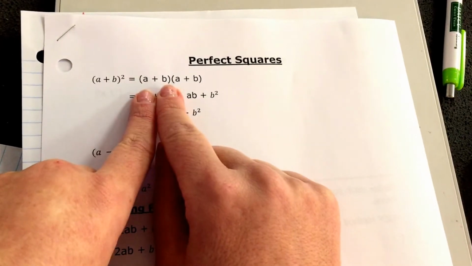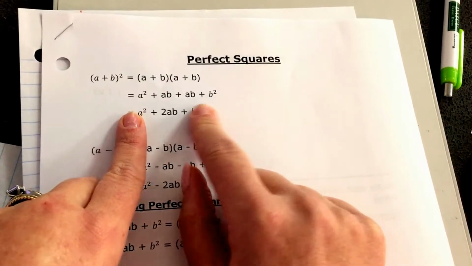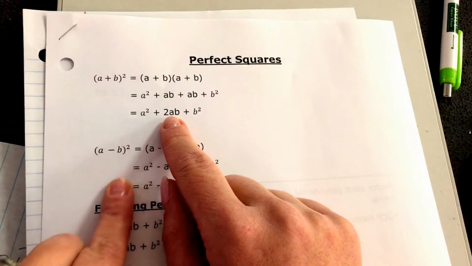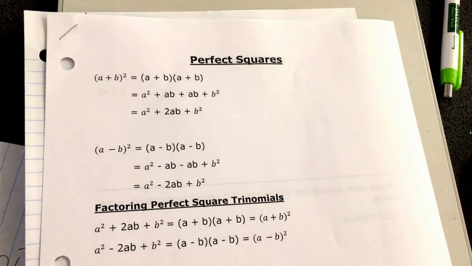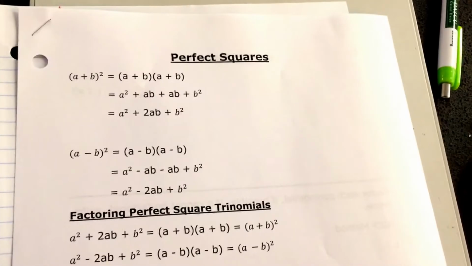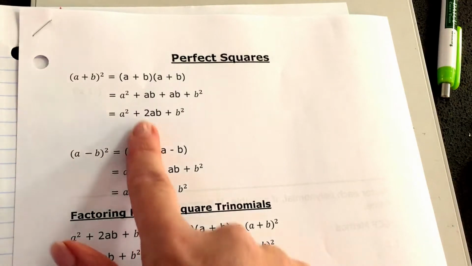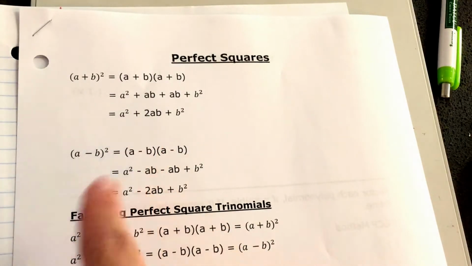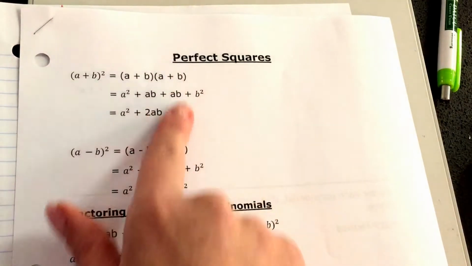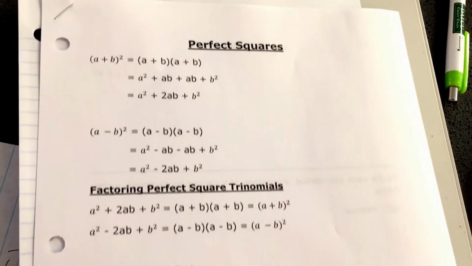So we write out a plus b times a plus b, and we FOIL it. And what you're going to get is these two like terms here in the center. For a minus b squared, we're going to have a minus b times a minus b, and then you're going to have these two terms, but now it's a negative. Do you see that's the only difference right here? Because a negative times a negative is a positive, that's why our b squared is positive. But this one is a positive and that one's a negative.